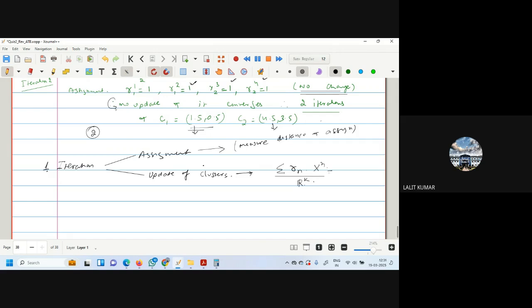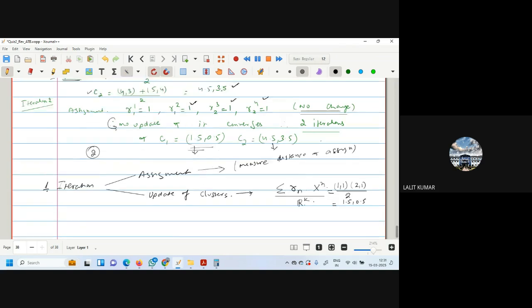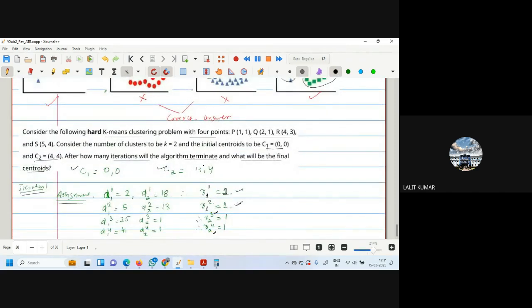For example, we had 2 points assigned: (1,1) and (2,1). There were 2 points, so your cluster 1 becomes (1.5, 0.5). For the second cluster, the points were (4,3) and (5,4), so it becomes (4,3) plus (5,4) divided by 2, which is (4.5, 3.5).